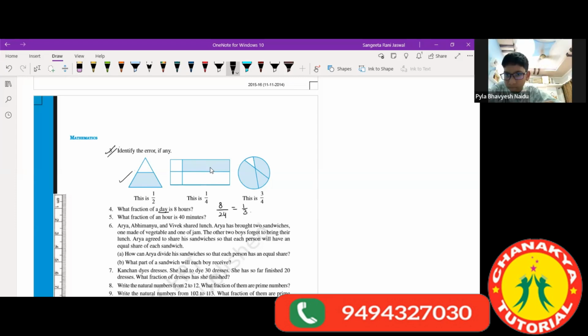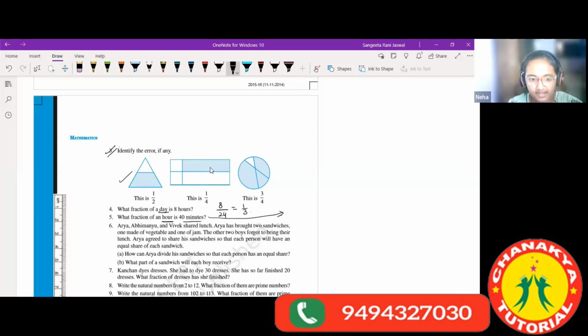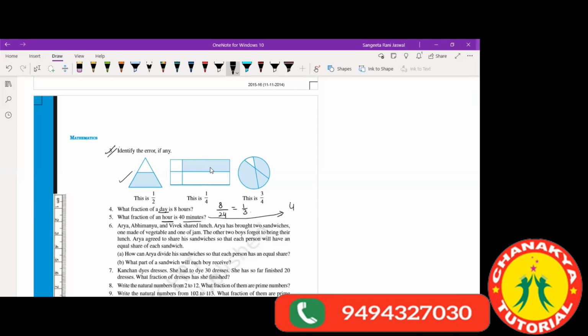So what fraction of an hour is 40 minutes? Neha will tell me. Neha, what fraction of an hour is 40 minutes? Ma'am, 40 by 60, because in 1 hour we have 60 minutes.